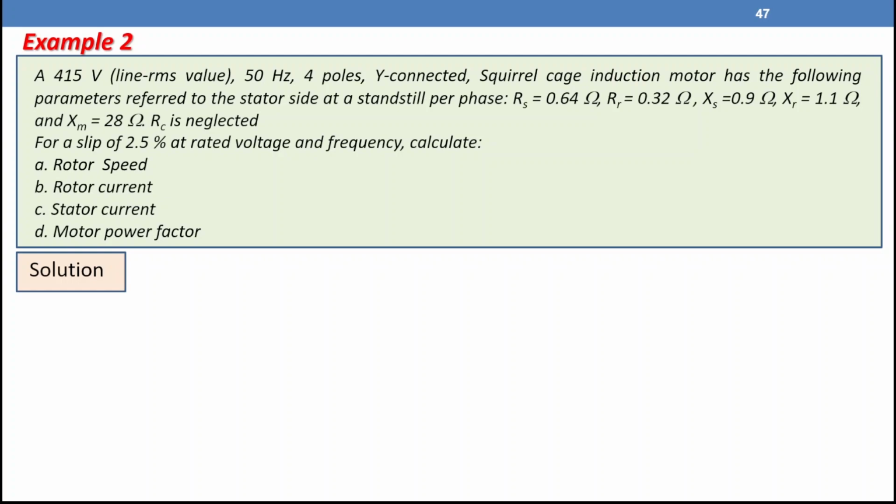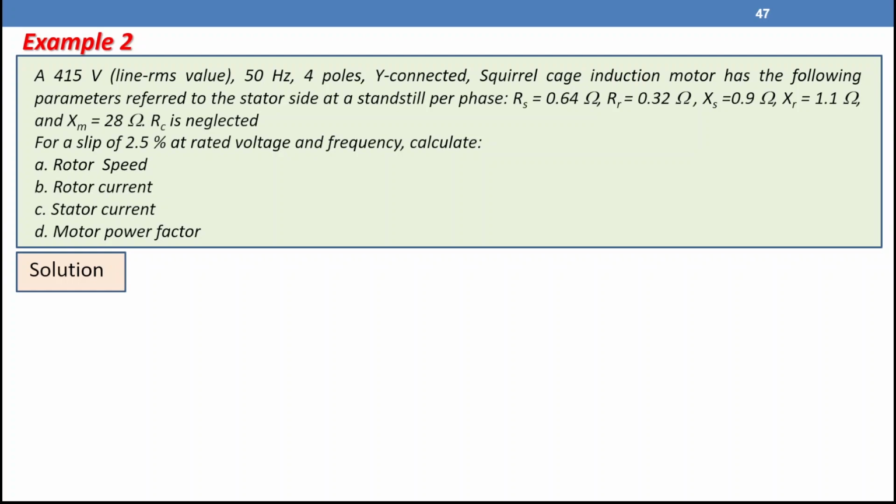But it's the first time we hear the word standstill, so we need to know why he mentioned it. He said that for a specific slip of 2.5% at rated voltage and frequency, we need to calculate the rotor speed, rotor current, stator current, and motor power factor.